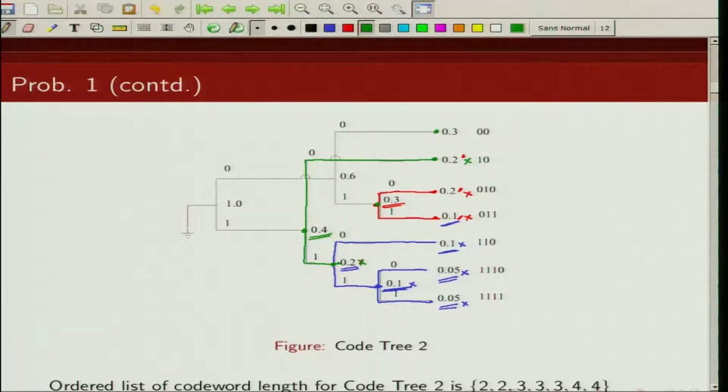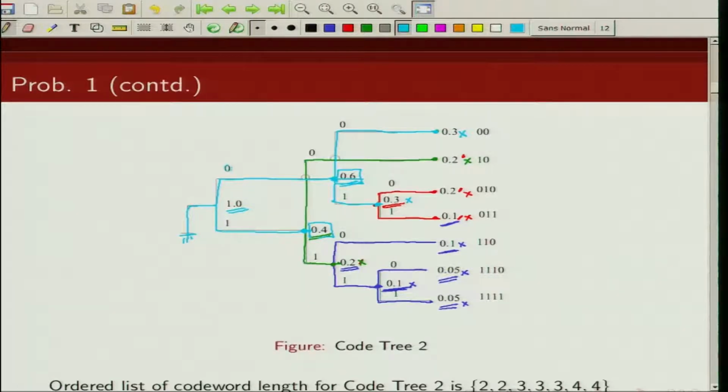Now we have this active node with probability 0.4, this with probability 0.3, and this with probability 0.3. We combine these two nodes, create a new node with probability 0.6, and deactivate these two nodes. Now we have two nodes left, this one with probability 0.6 and this one with probability 0.4. We combine them and make this the root node with probability 1.